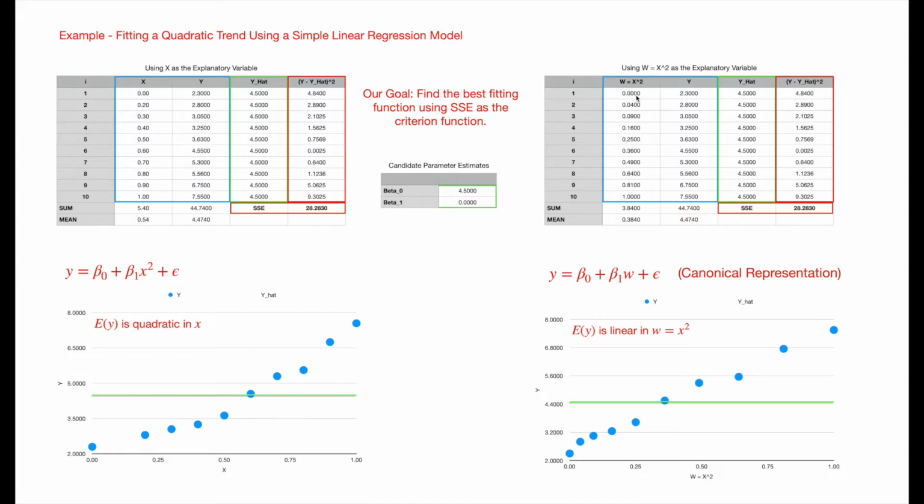as the explanatory variable. Now, for each of those data sets, using each of those two variables as the explanatory variable, I have predicted values, y hat. So you can see that in both those spreadsheets. And then I also have a column for the square of the difference between the observed value of y and the predicted value of y.